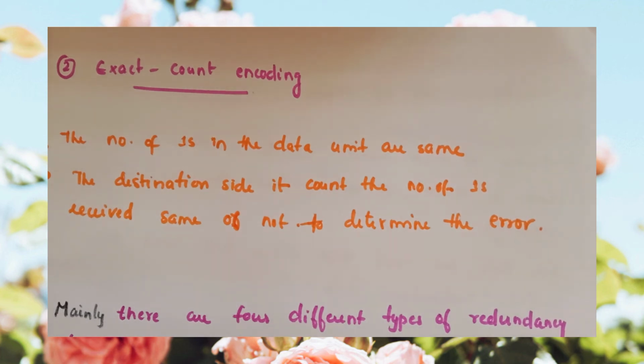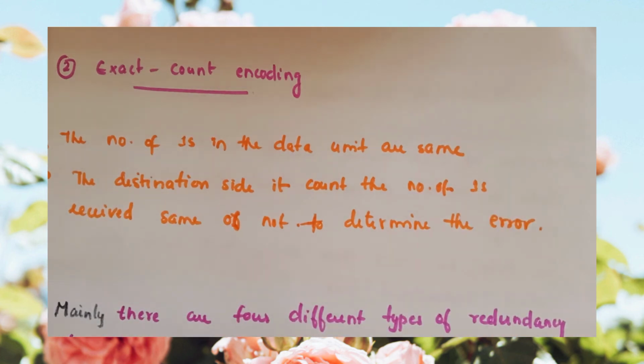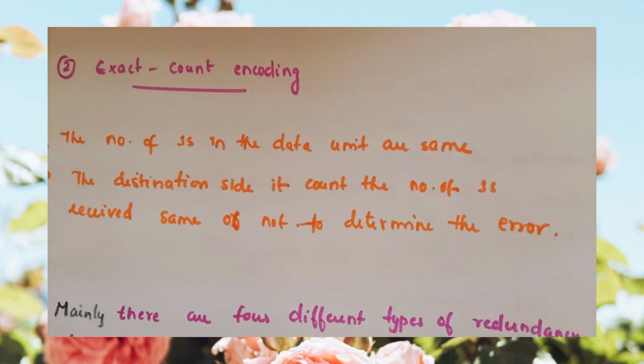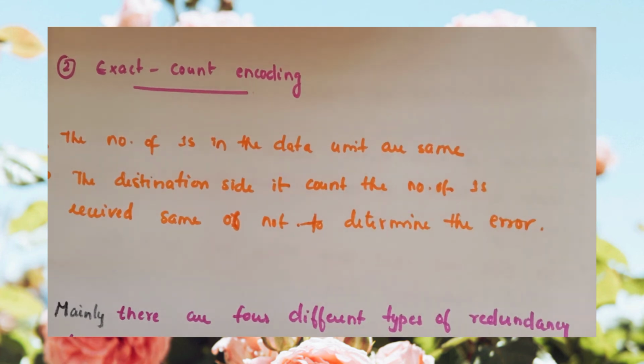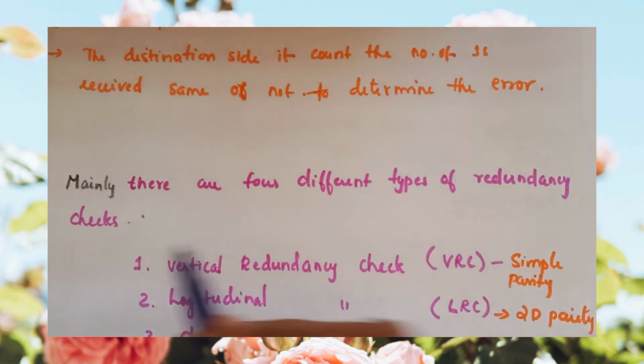Here I discussed two methods for error detecting: one using redundancy bits and the second one the exact count encoding method. In the redundancy method, there are mainly four different types of redundancy checks.